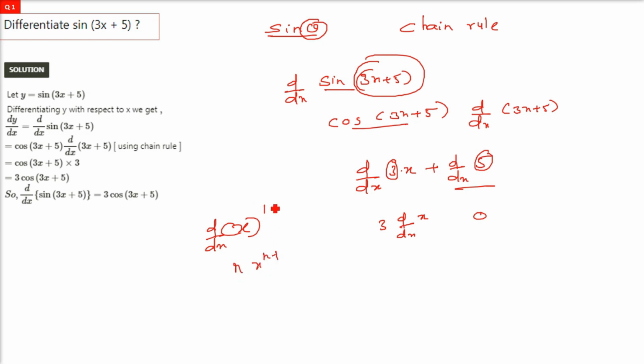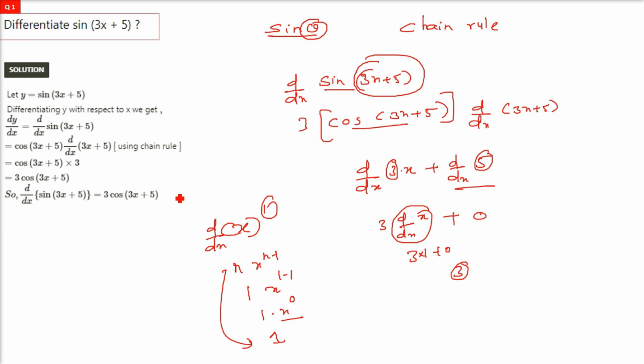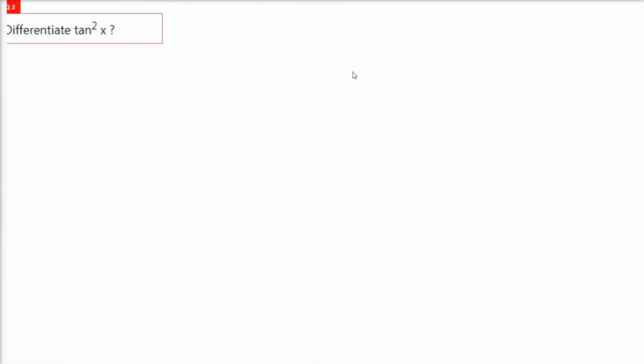Using nx to the power n minus 1, 1 comes in front and then x to the power 1 minus 1, that is x to the power 0, and anything to the power 0 is always 1. So the result of d by dx of x is 1, and only 3 will come. The d by dx of 5 is of course a constant, so it is going to be 0. So cos of 3x plus 5, and the 3 that is coming you can write in front.